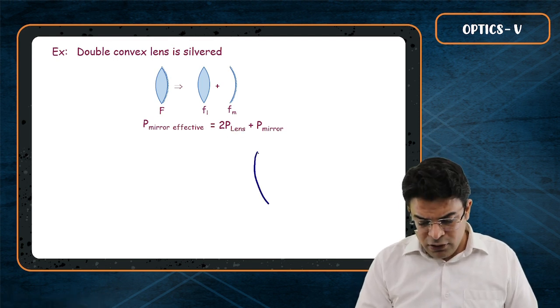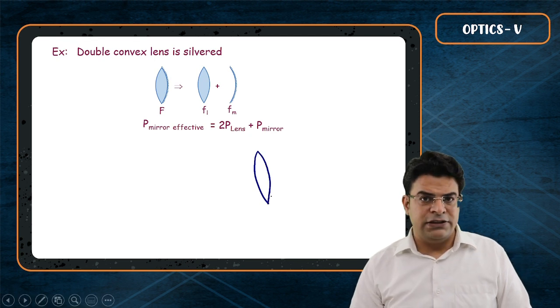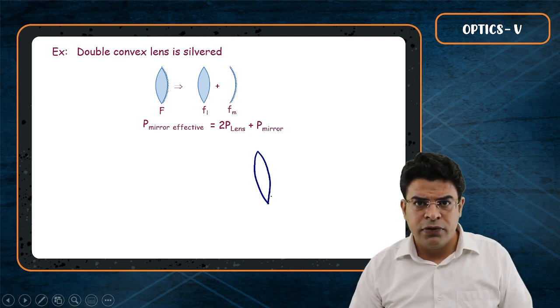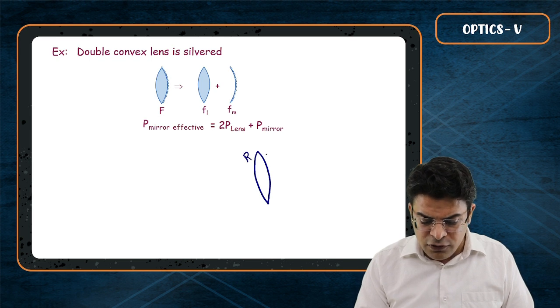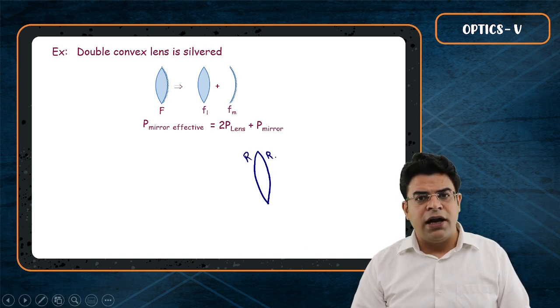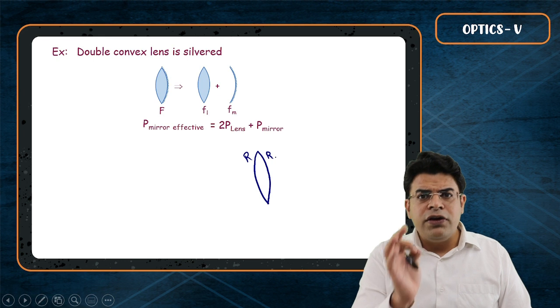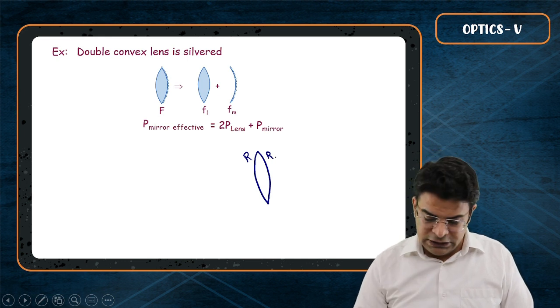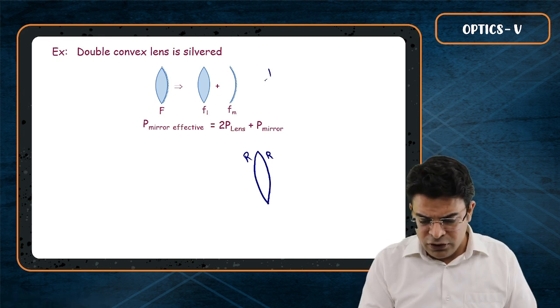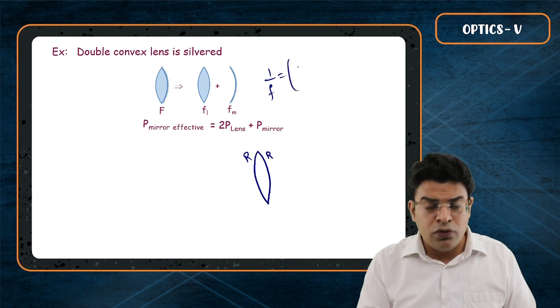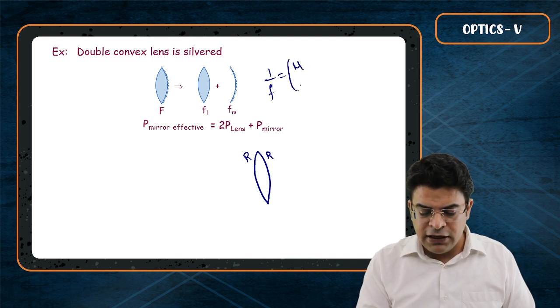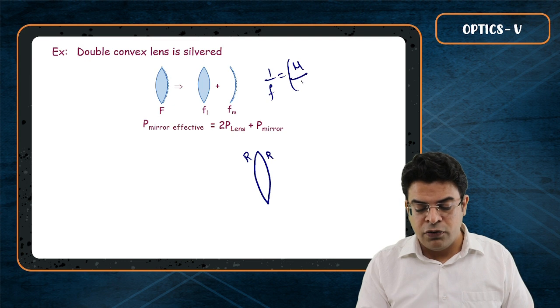If we have a biconvex lens, equiconvex lens of, let's say, radius of curvature of the surface to be R and R, how will you write the power of this lens? So sir, from the lens maker formula we know that 1 by f equals (mu_l by mu_s minus 1) into (1 by R1 minus 1 by R2), taking the lens material refractive index as mu and surrounding as air 1.